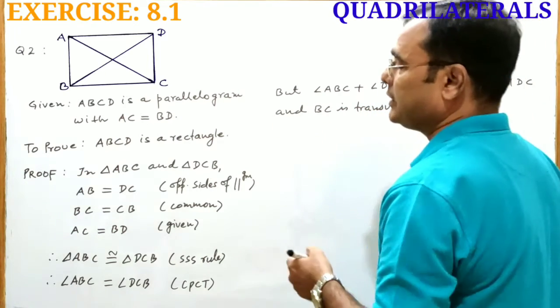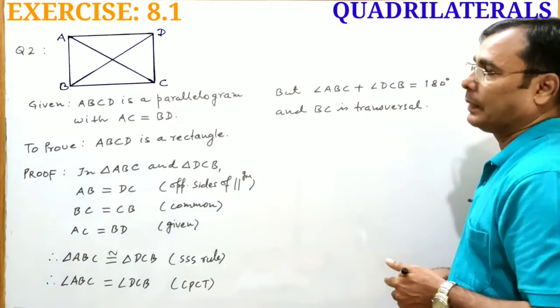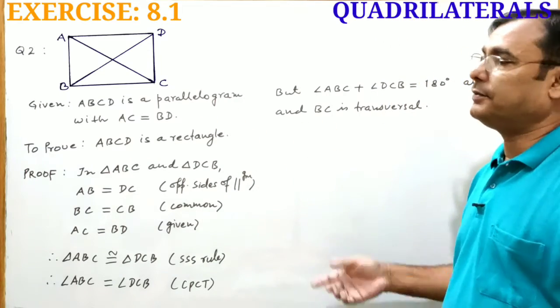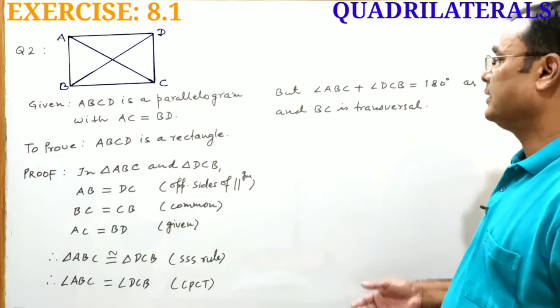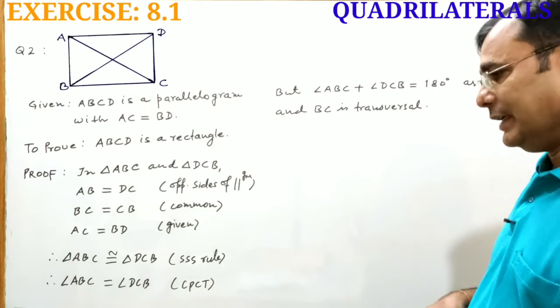So angle ABC and angle DCB, they are forming a pair of consecutive angles, so their sum is 180 degrees.